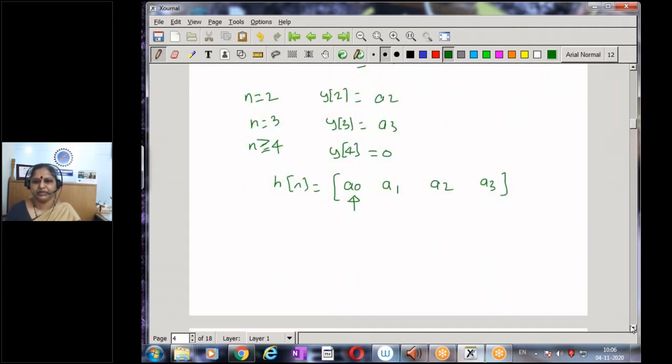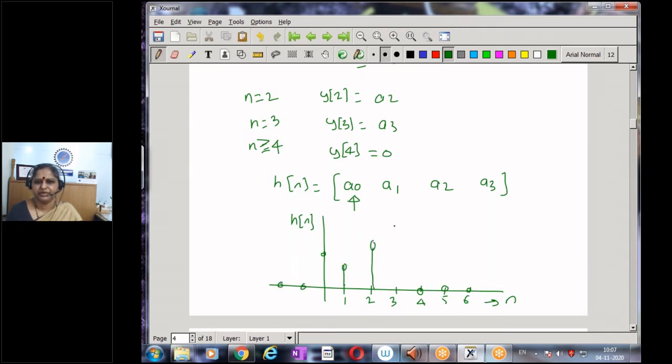So what we have now is my output, or that is the response of the system to an impulse, and I do not know the values. It depends on the actual values of the constants. In this particular example, we have taken only constants a0, a1, a2, a3 being present.